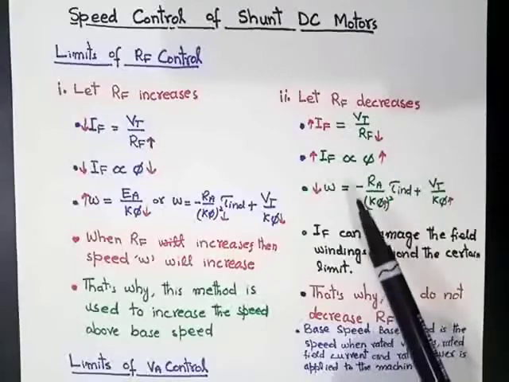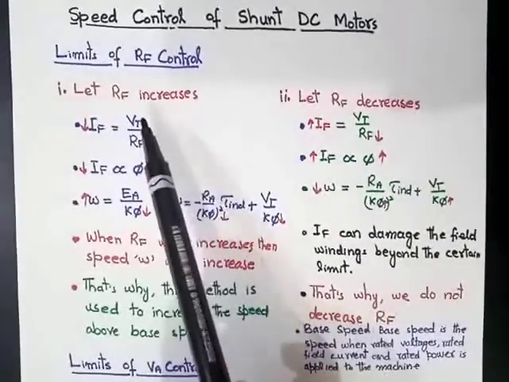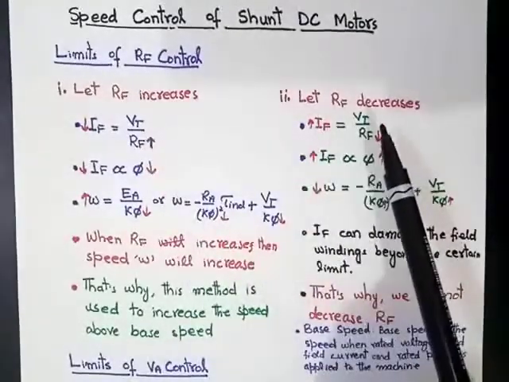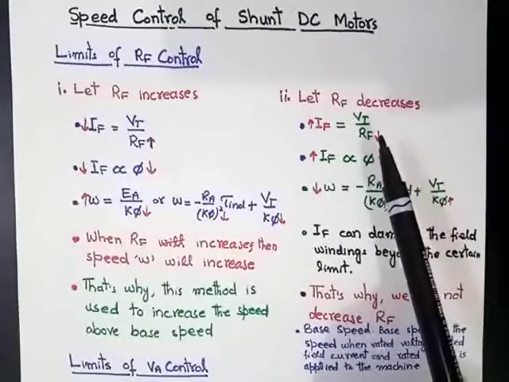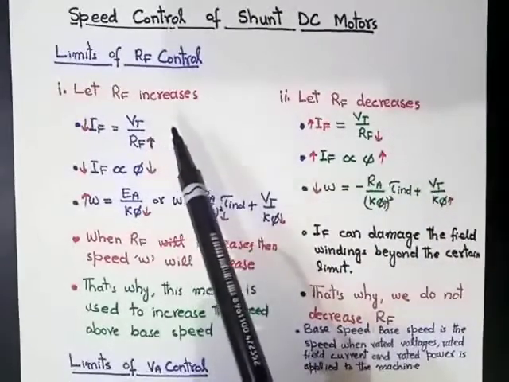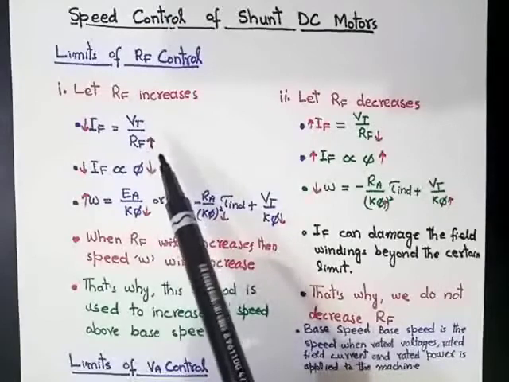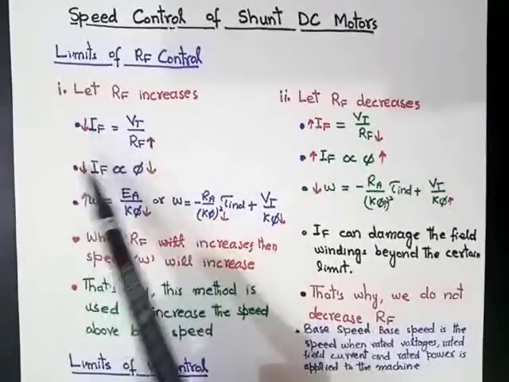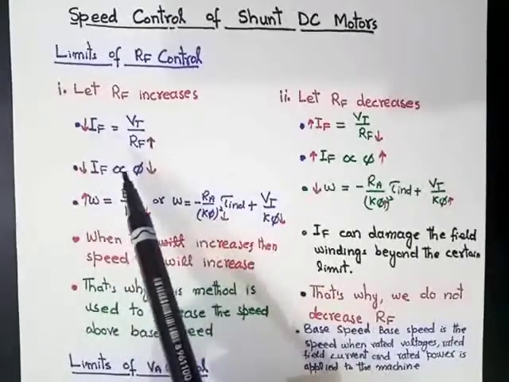That's why we usually increase the field resistance instead of decreasing it. Minimum speed limits occur when the maximum permissible field current flows through the field winding.